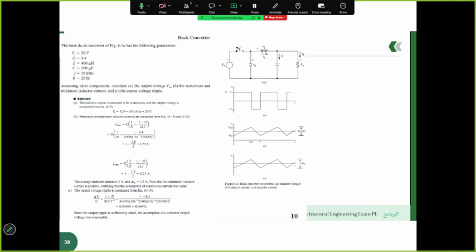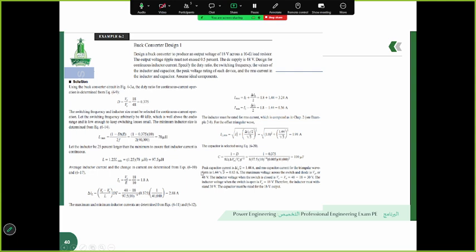The accompanying figures help visualize this result. The inductor current waveform is shown as a triangle shape oscillating around its average value, while the output voltage waveform exhibits a very small ripple around the DC level. Overall, this slide effectively demonstrates how theoretical formulas are applied in practice to analyze and design a buck converter.